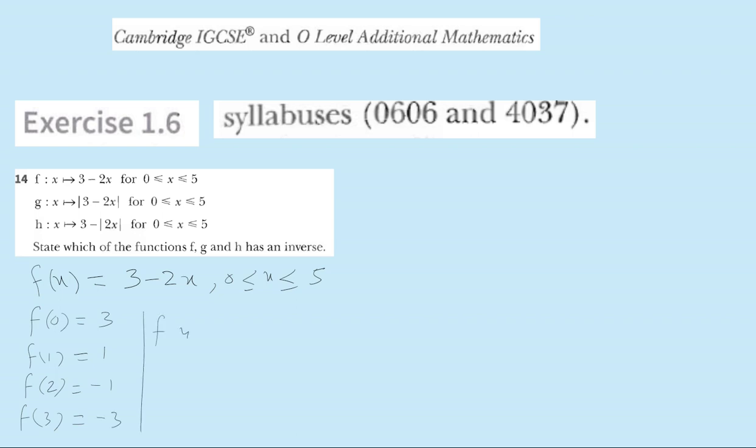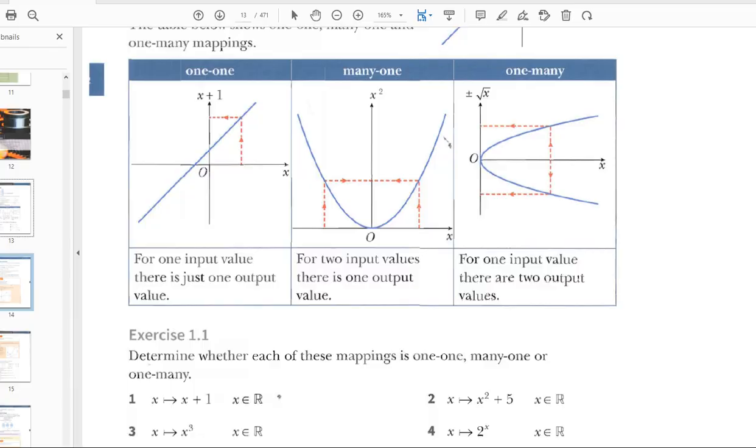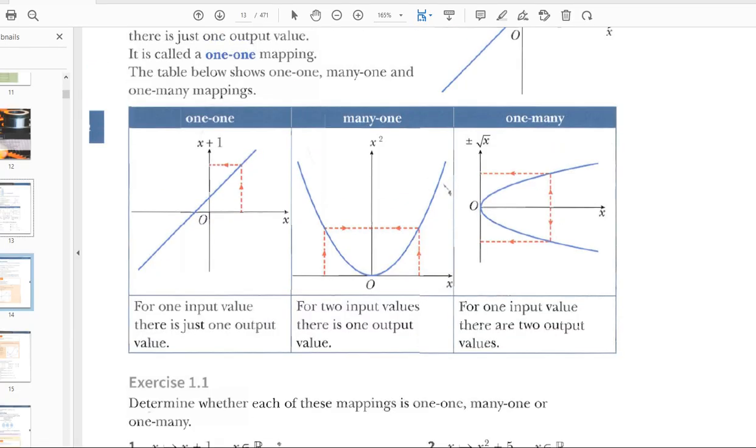f(4): 2 fours are 8, 3 minus 8 is minus 5. f(5): 2 fives are 10, 3 minus 10 is minus 7. So what is the definition of a one-one function? For one input value, there is just one output value.